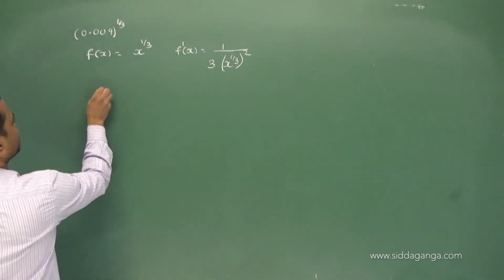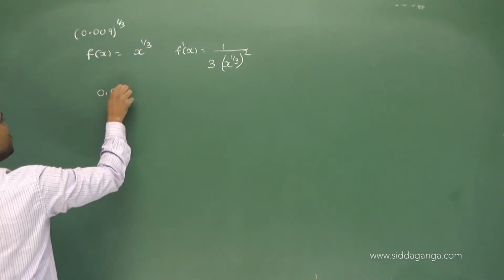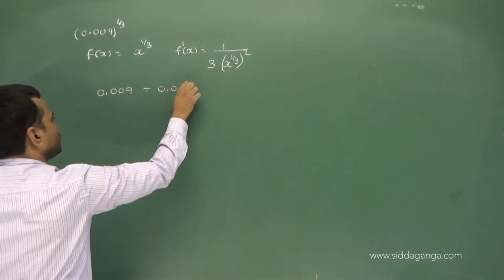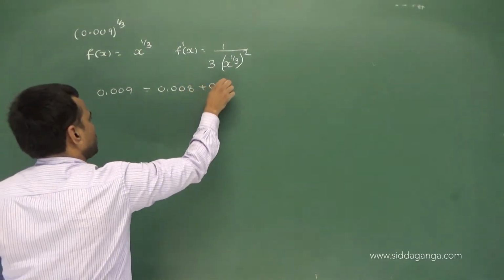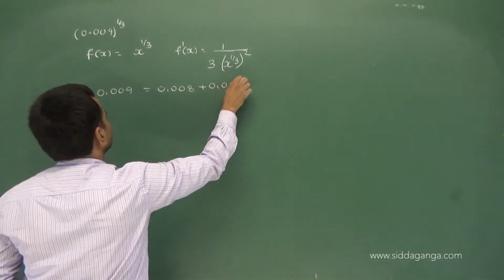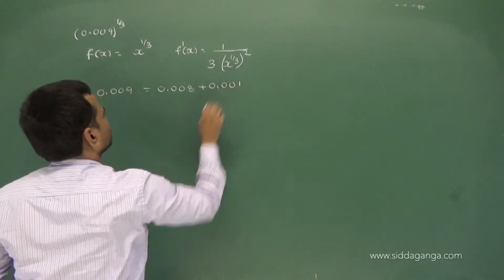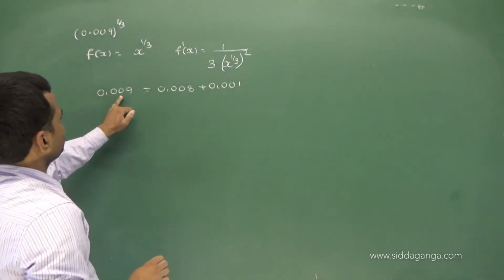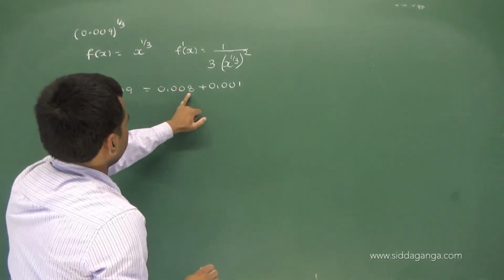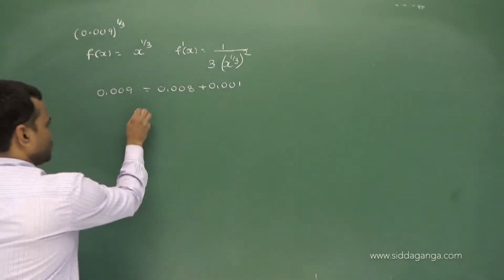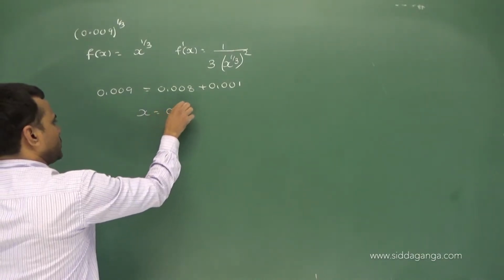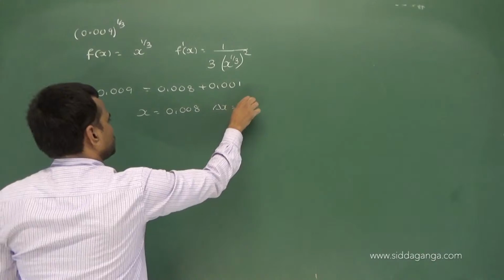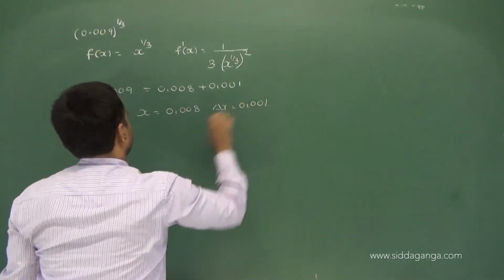So we split 0.009. So that I can split into 0.008 plus 0.001. Correct? 0.009, 0.008 plus 0.001. So x is equal to 0.008, delta x is equal to 0.001.